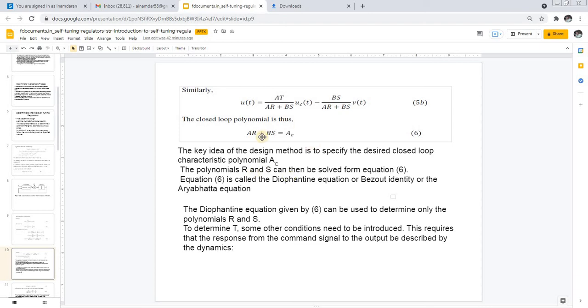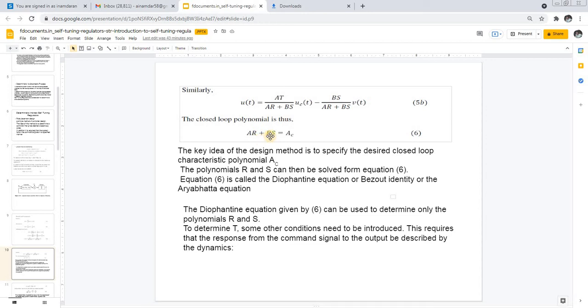Now the idea behind this design method is to specify the desired closed loop characteristic polynomial, which is this one, ac. The polynomials r and s can then be solved from this equation. Using this same equation we can solve for r and s.